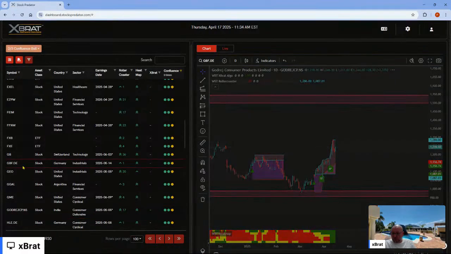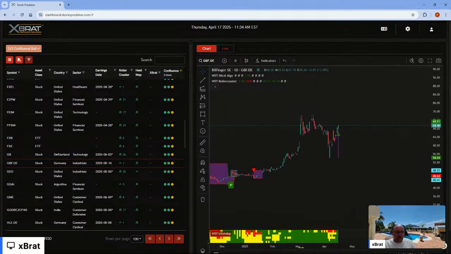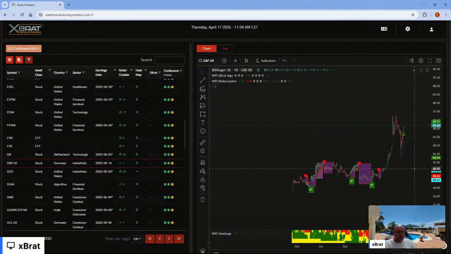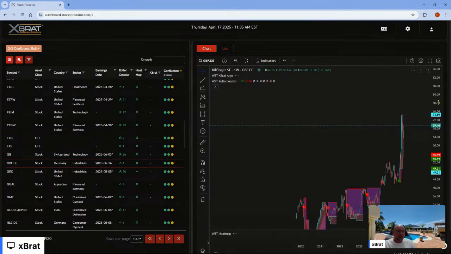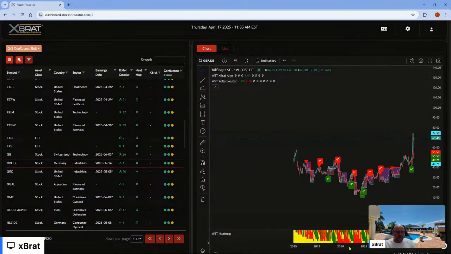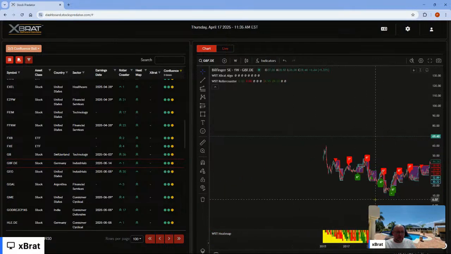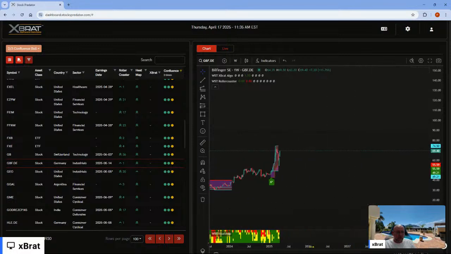German stock here as well, GBF. Is this tradable? So we'll look at the weekly, again doing the same thing. It's near the highs, I think. I don't think we've had anything where we are now. No. Okay, very high growth stock.